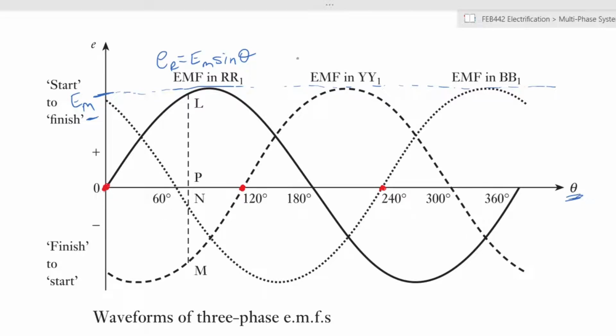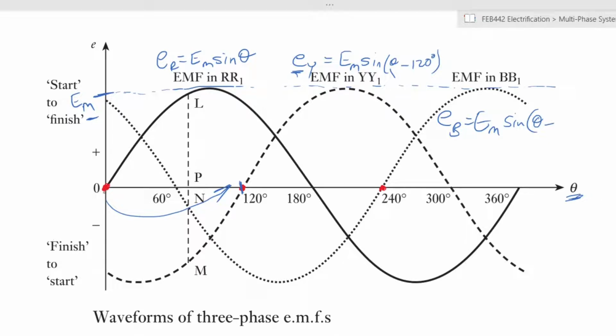However, EY, because it has a lag of 120, has the same peak, EM, but it is sine of theta minus its lag, which is 120 degrees. Likewise, EB would be EM sine theta minus 240, which is our gap from there to there.